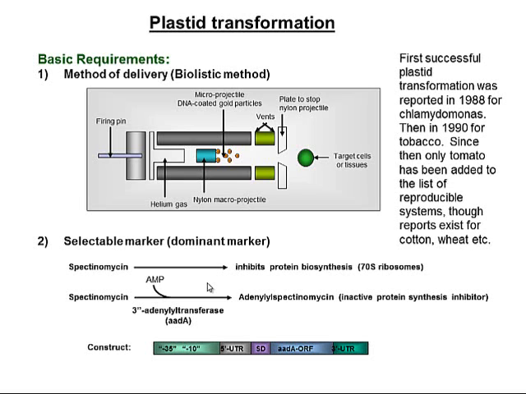So they tend to go for things like the PSBA gene 5' untranslated region and the TPSBA 3' untranslated region. And you can see they've got in there the AADA open reading frame and a Shine-Dalgarno sequence for ribosome binding.